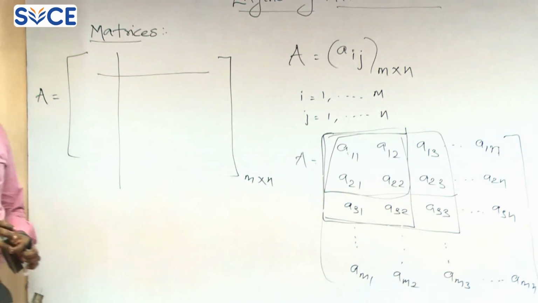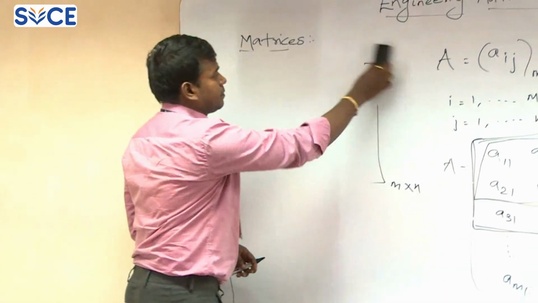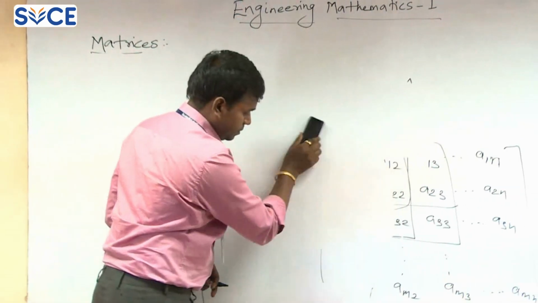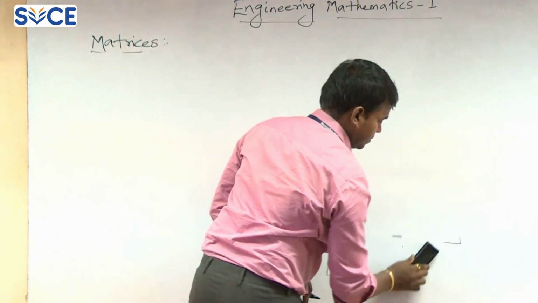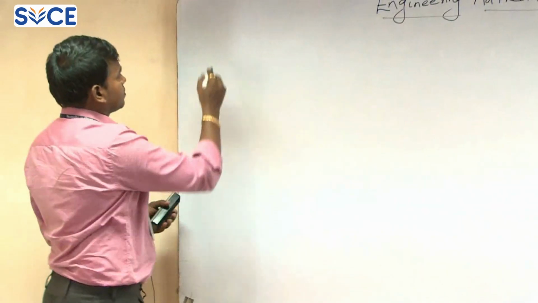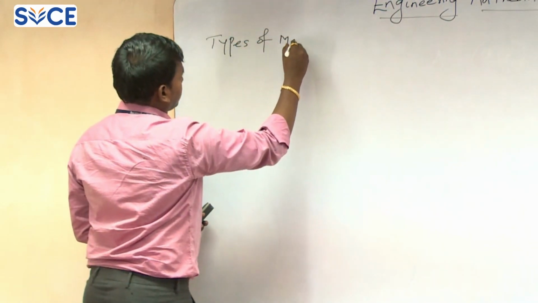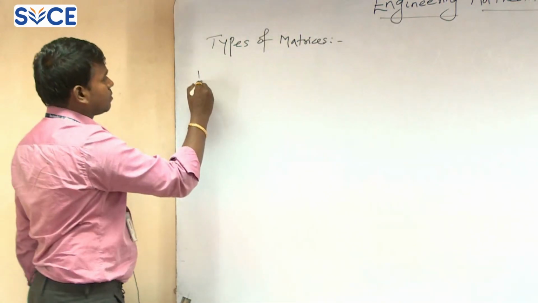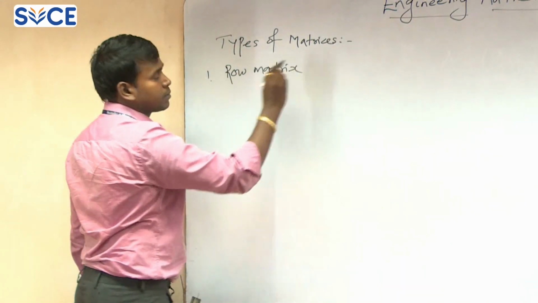Now types of matrices. Here first one, row matrix.